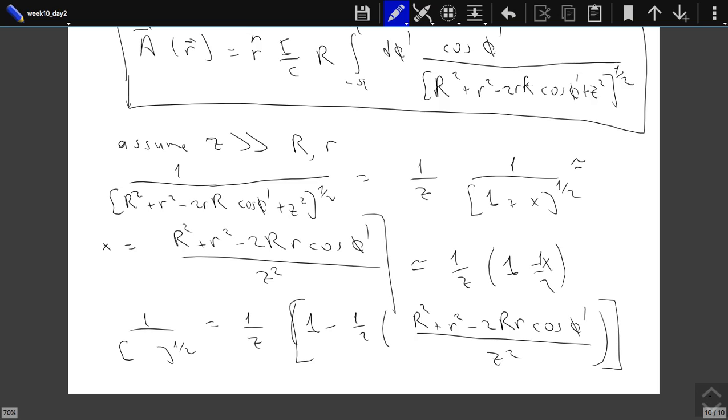And keep in mind, we are multiplying this number by cosine phi prime, integrating over phi prime from minus pi to pi, or 0 to 2 pi. So the only term that will contribute will be the term proportional to cosine phi prime. The other ones will just give me 0.